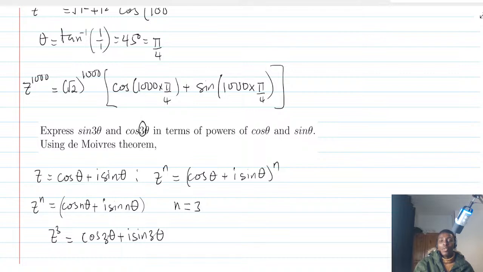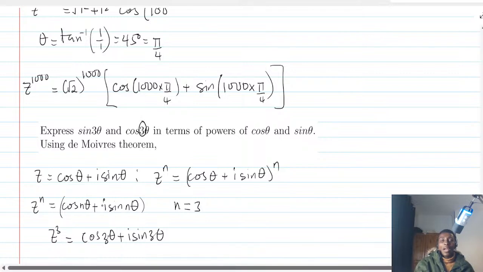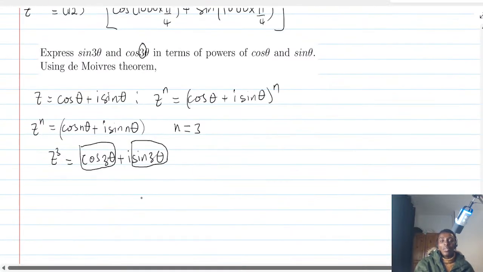So now this is what we are coming to do. We are coming to open up cos 3 theta, and then we are also coming to open up sine 3 theta. How can we do that? Let's look at something interesting here.